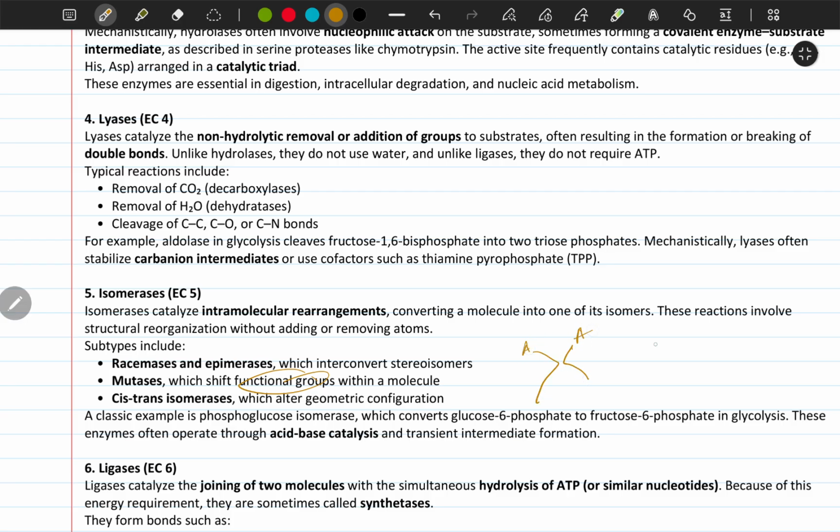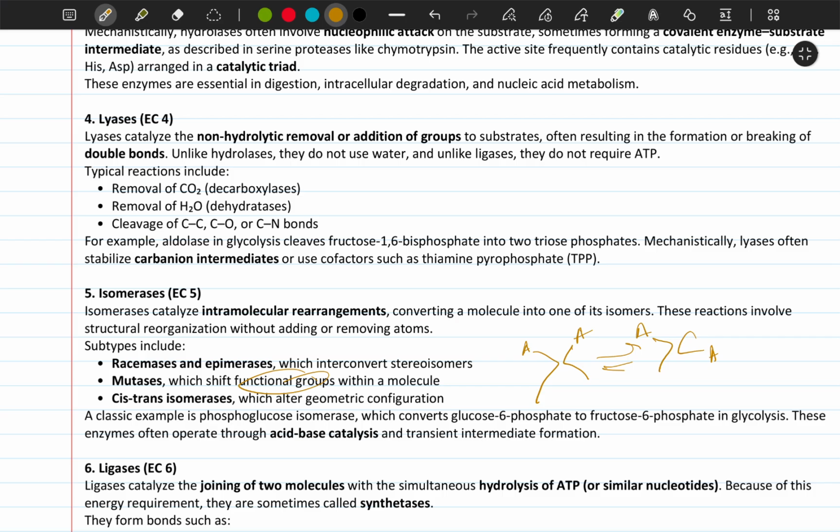This is cis, this is trans. This interconversion is seen in isomerases. A classical example is phosphoglucose isomerase, which converts glucose 6-phosphate to fructose 6-phosphate in glycolysis. This enzyme often operates through acid-base catalysis and transient intermediate formation.